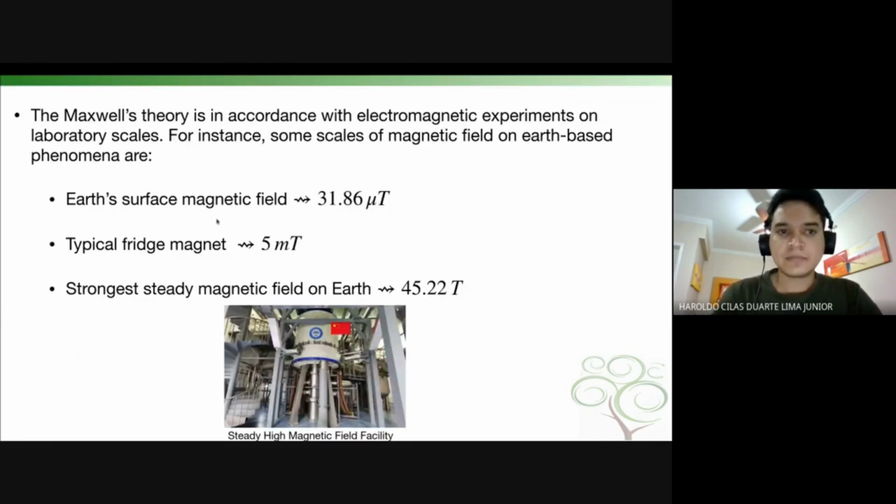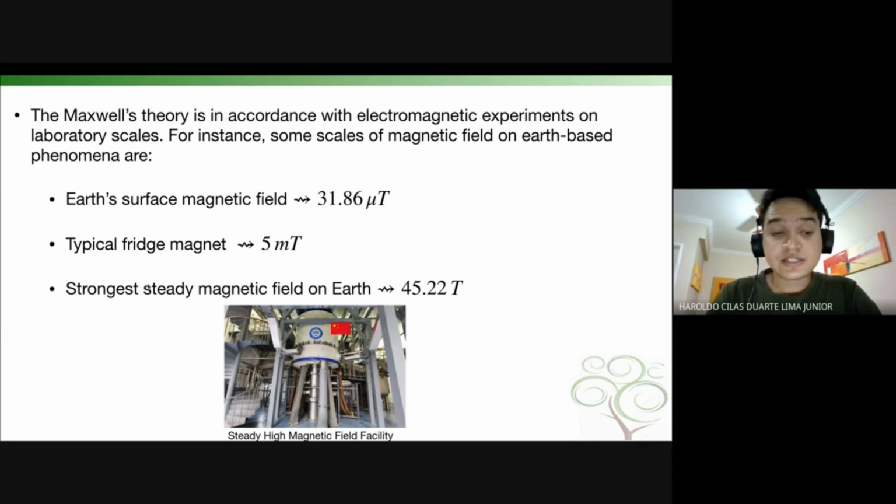Well, let's check some scales that are in accordance with Maxwell's theory, for instance, here on Earth. So I'm going to show here some scales for the magnetic field in some situations. For instance, the Earth's surface magnetic field, which is around 3 times 10 to the minus 6 Tesla. And then a typical fridge magnet that we put on the door of the fridge has a magnetic field around 5 times 10 to the minus 3 Tesla.